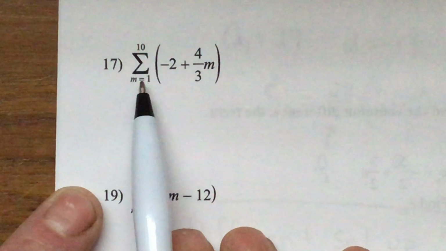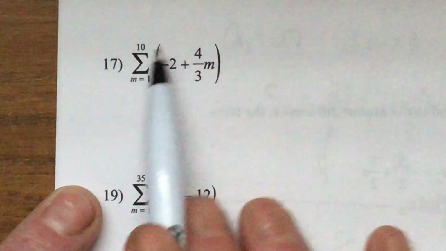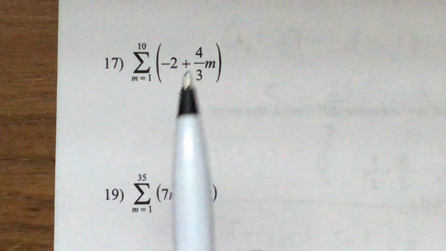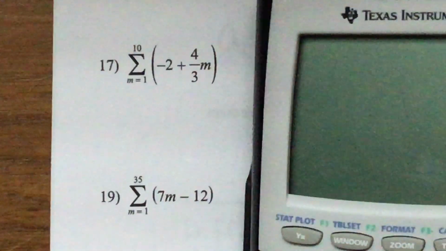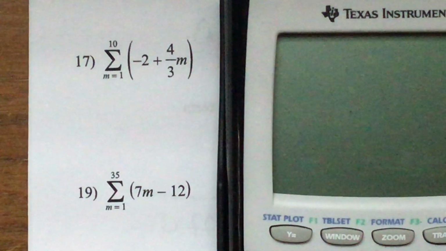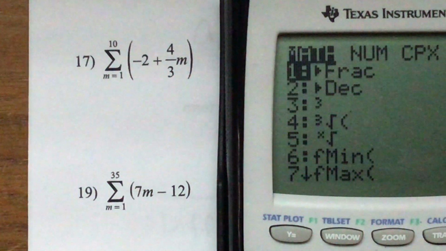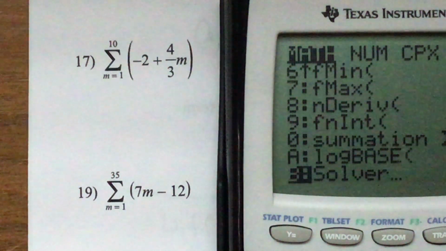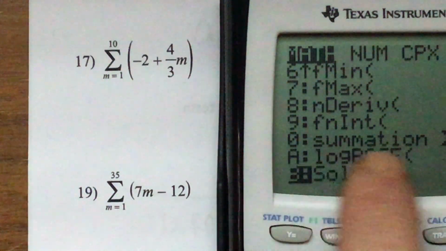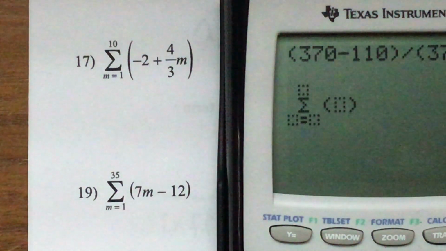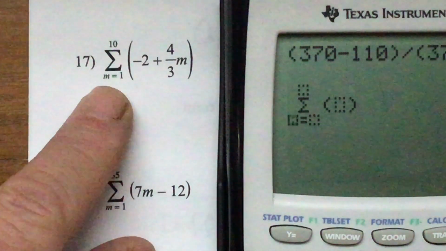Again, the calculator will do this for you. Go to your calculator, push the math button, go up, choose 0, summation. Type in the values here.